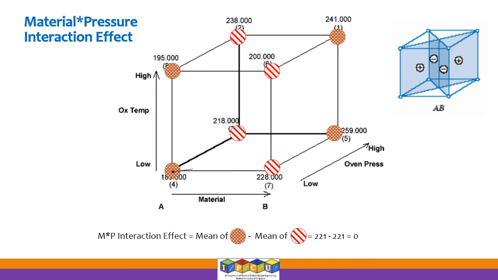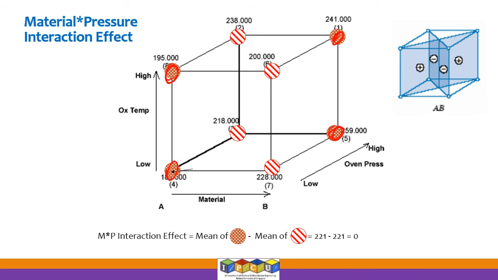Okay, and if you want to compute the material and pressure interaction effect, you have to look at different combinations of experiments. These experimental points show experimental runs where material times pressure is positive.